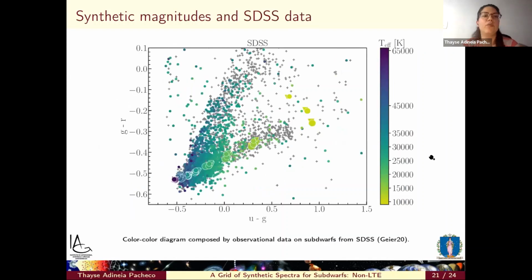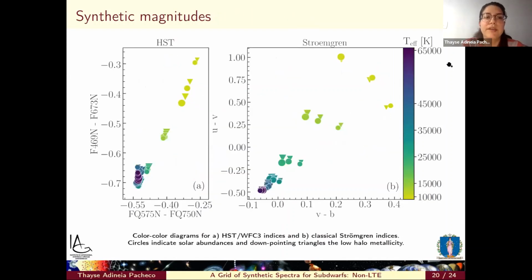And we also produced synthetic magnitudes. And here I'm showing the color diagrams for Hubble Space Telescope filters and for Stromgren filters. And here we can see a temperature dependence.